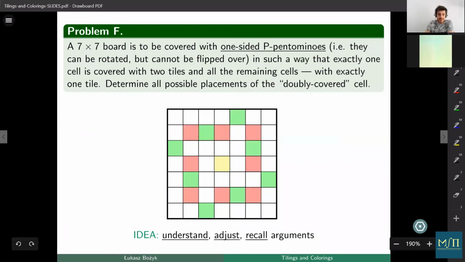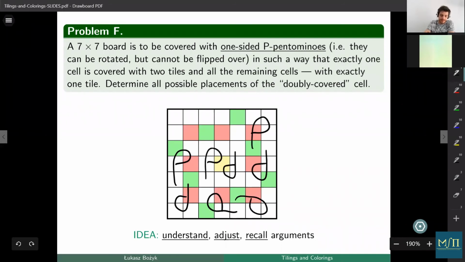So let's merge pictures and see that only the central tile is shaded in both of them. So it's the only remaining candidate for the solution. And in order to finish the solution, it's enough to draw a tiling with pieces that covers this cell exactly twice. For example, like this.